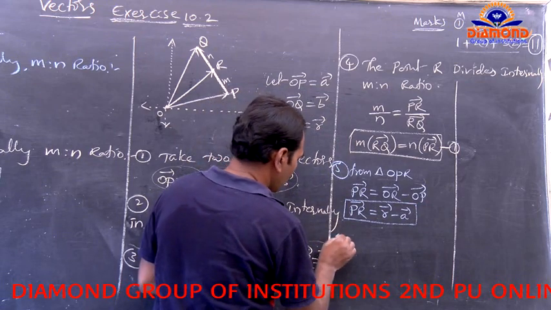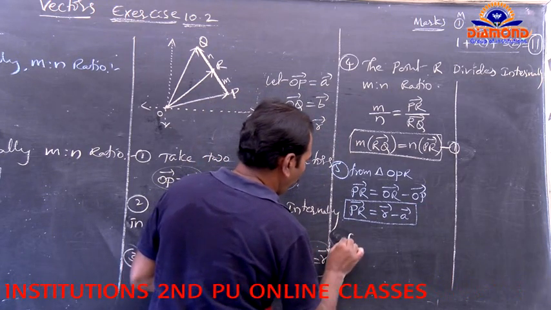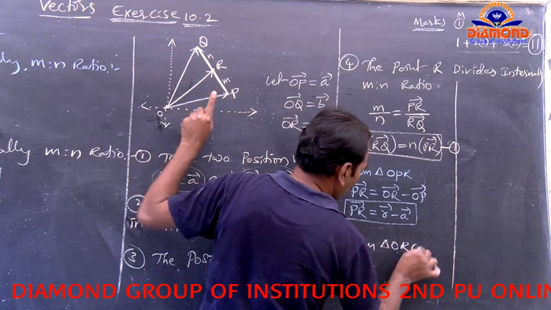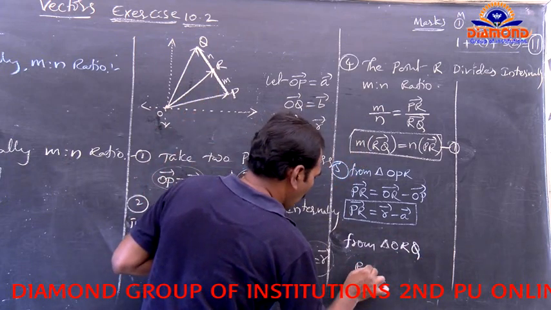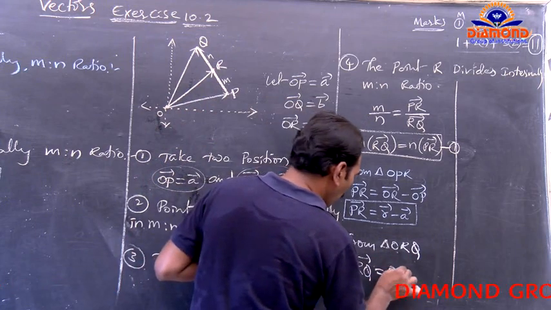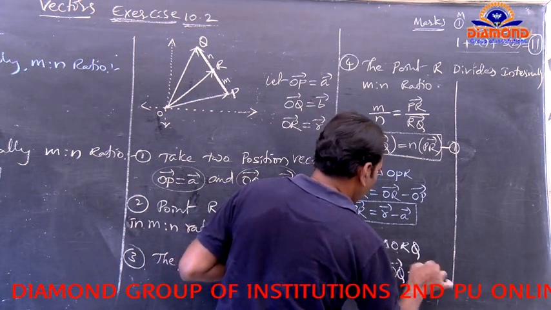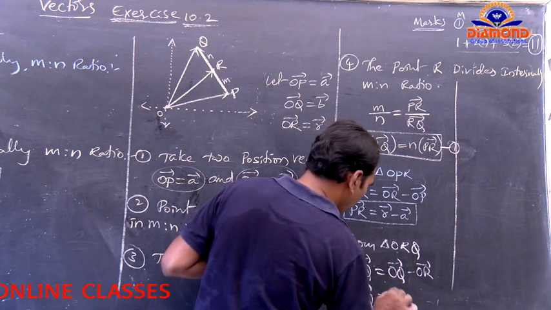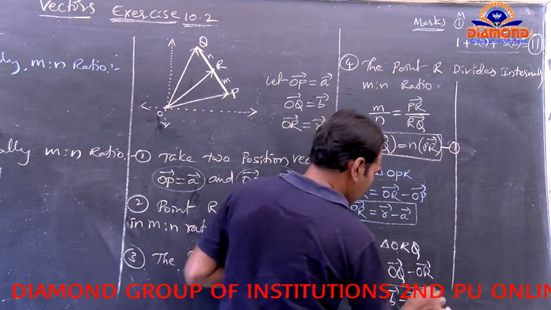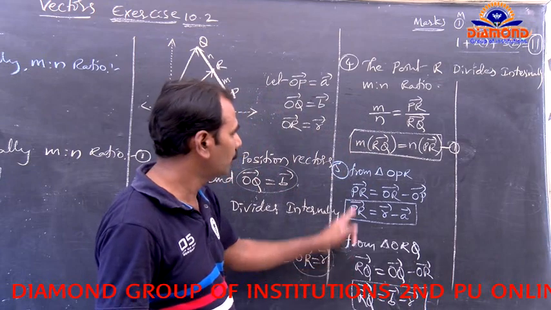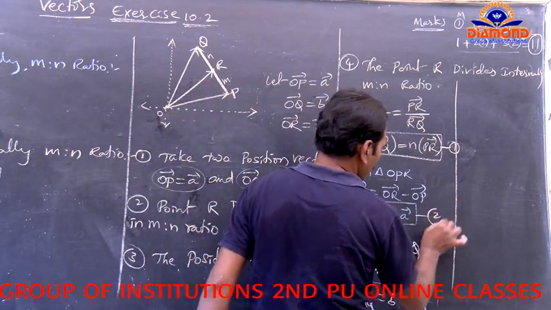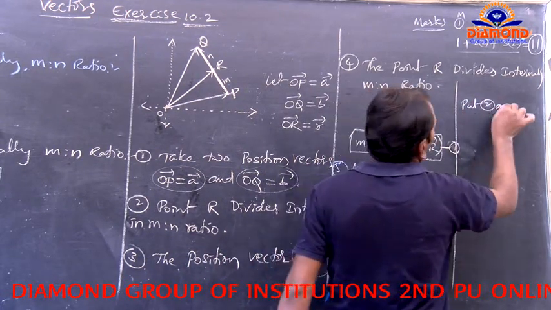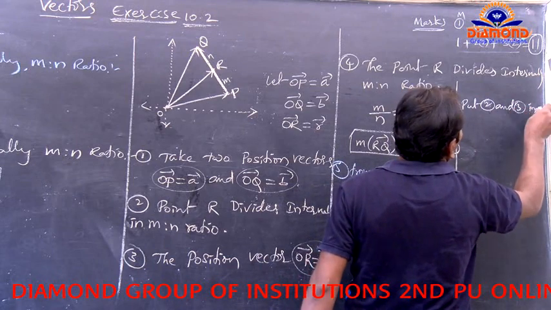Next, from triangle ORQ, RQ bar equals OQ bar minus OR bar, so RQ bar equals B bar minus R bar. These both values we put in equation 1. This is 2, this is 3. Put 2 and 3 in 1.